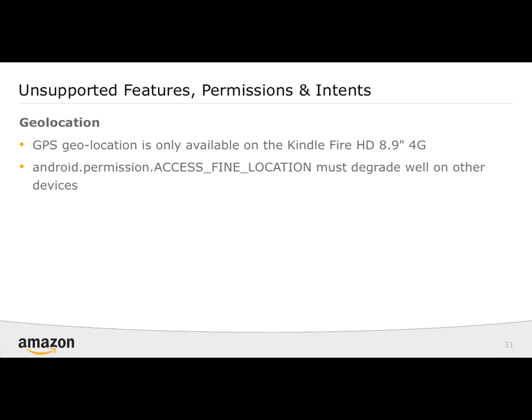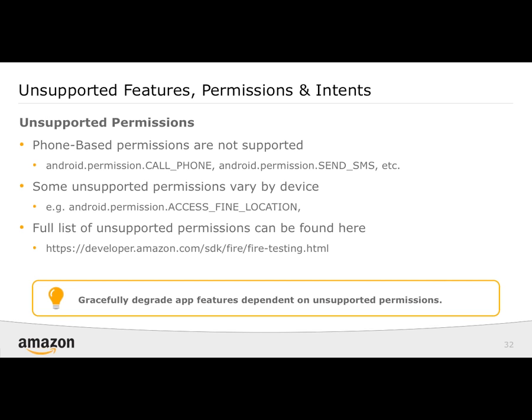So if you want to access fine location in your application, you may feel free to do so. Just make sure that if you have coarse location, that will work as well as you degrade from that.